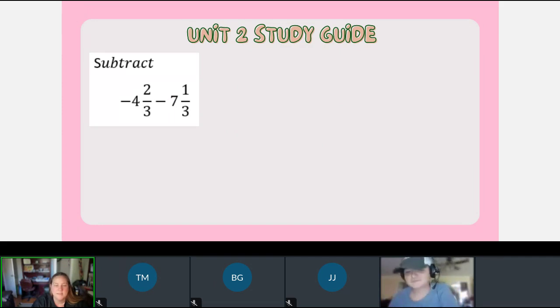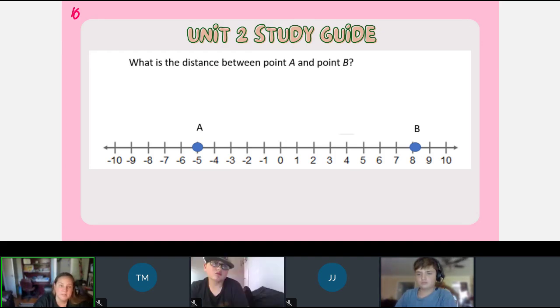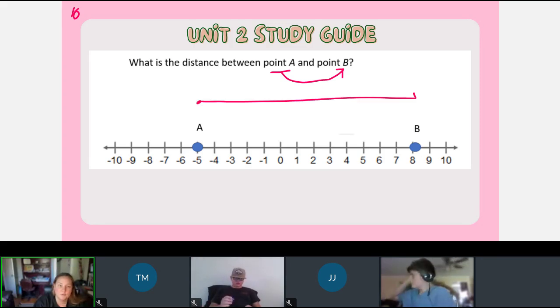All right, then our last question. This one's easy peasy. It's number 10. It says, what's the distance between point A and B? The most important thing here is to pay attention to the order they tell you. So they said point A to point B. That means that we're going to start here and go to the right. That means your answer has to be positive. If they said point B to point A, you would be going backwards. Your answer would be negative.